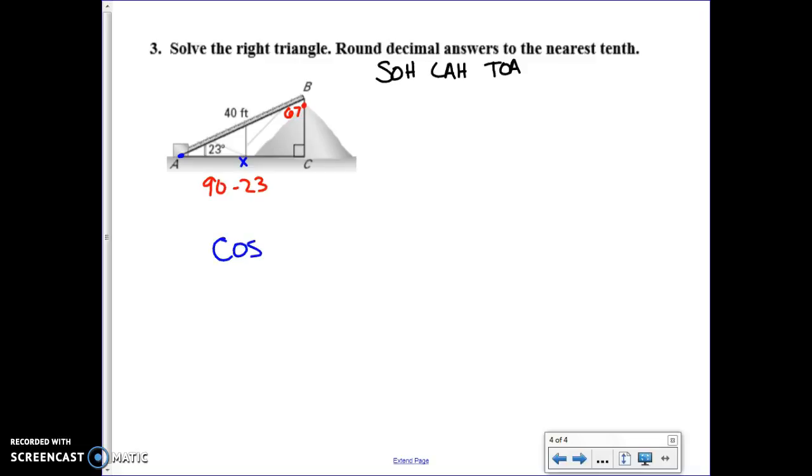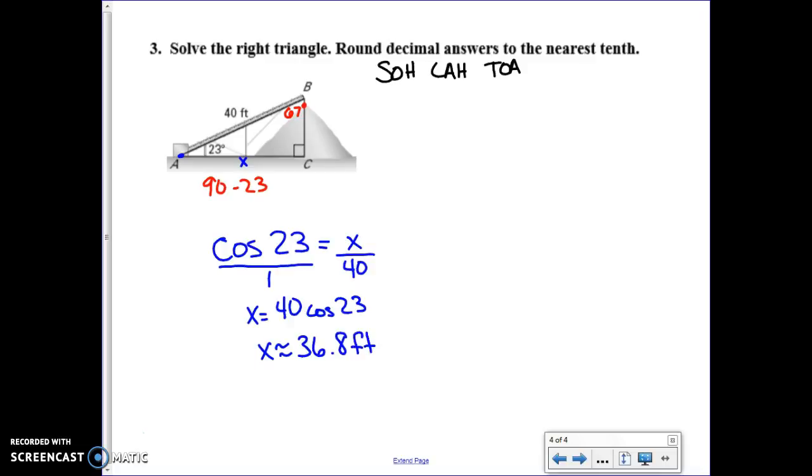So the cosine of my angle is equal to adjacent over hypotenuse. Now look, the x isn't with the cosine. We're back to cross multiplying to solve. So we get x equals 40 cosine of 23. Type that into your calculator, and you should get 36.8 feet. It says round to the nearest tenth. So AC is approximately 36.8 feet.